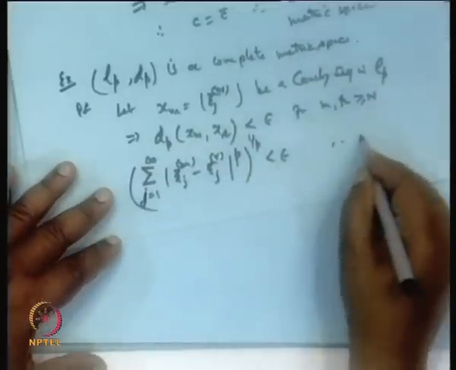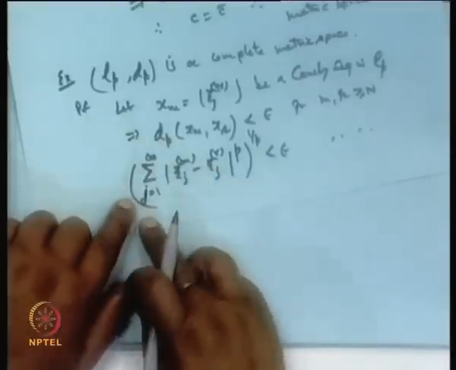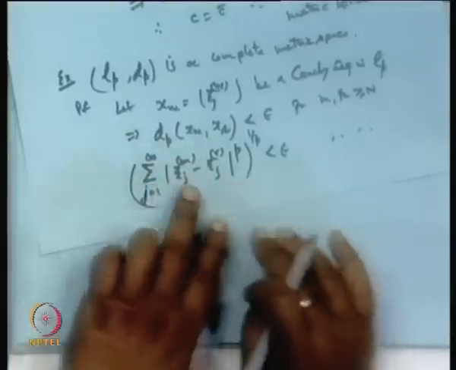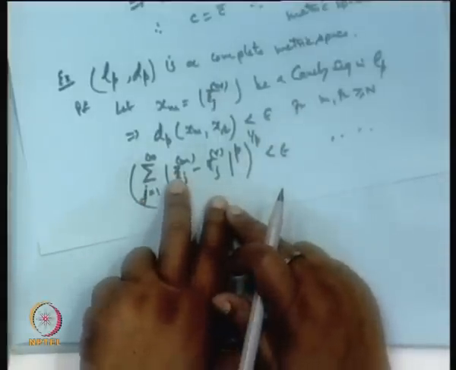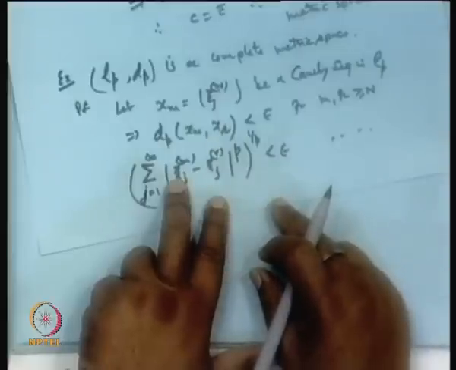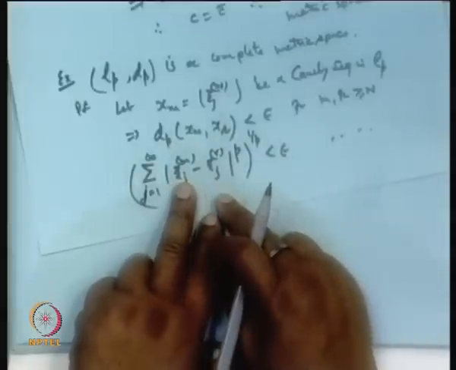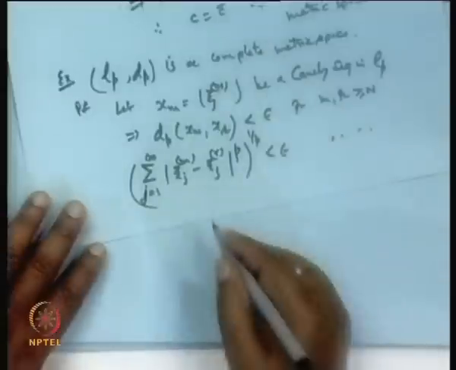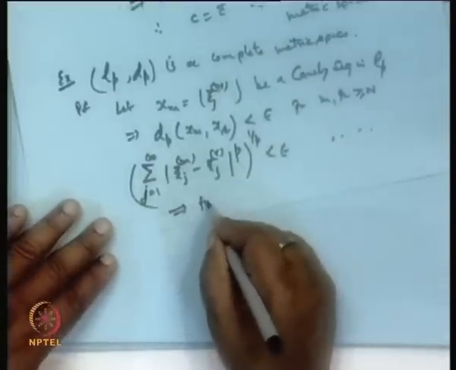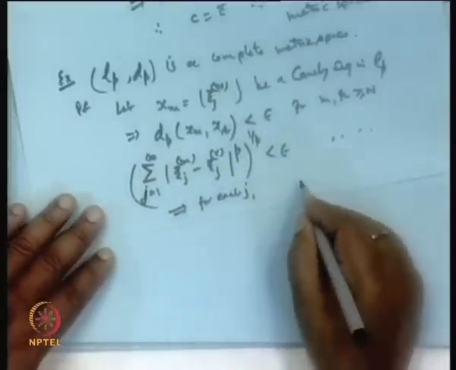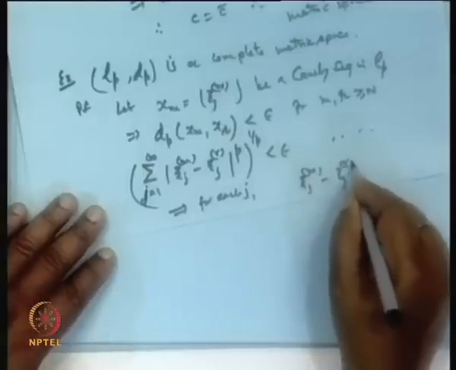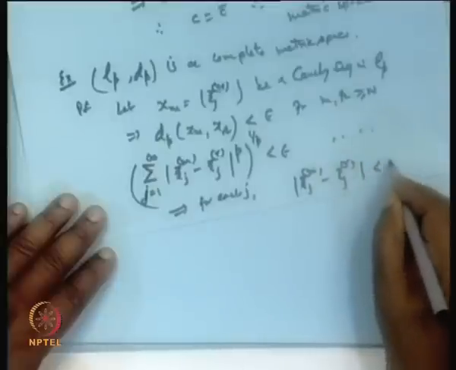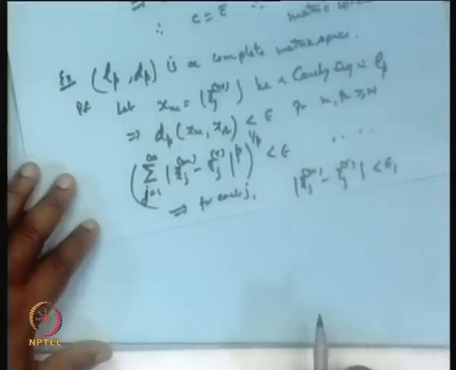This is the metric for all m, r. So, from here if I remove the sum, then for each j this is less than epsilon_r, and again this is a sequence of real or complex numbers which is Cauchy. Therefore, for each fixed j it is a Cauchy sequence. So, we get from here that for each j, xi_j^m minus xi_j^r will remain less than, say, epsilon_1.